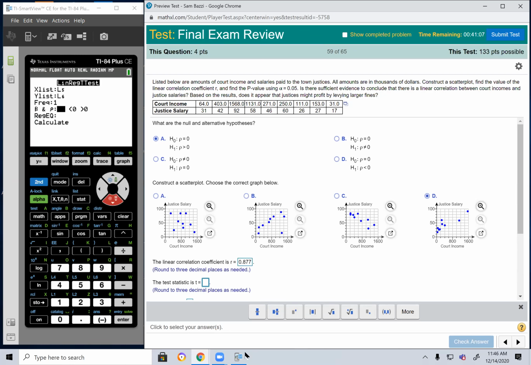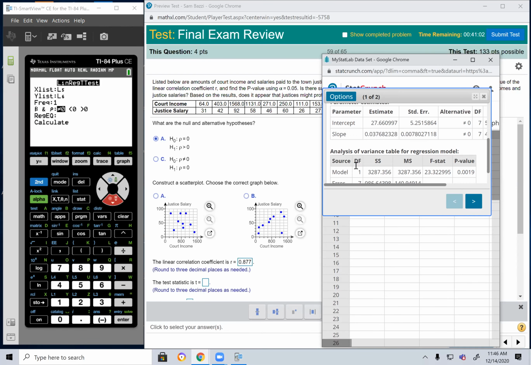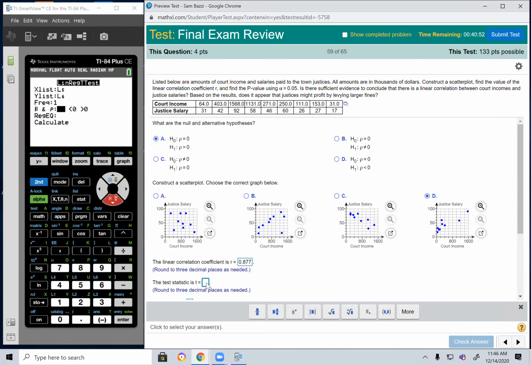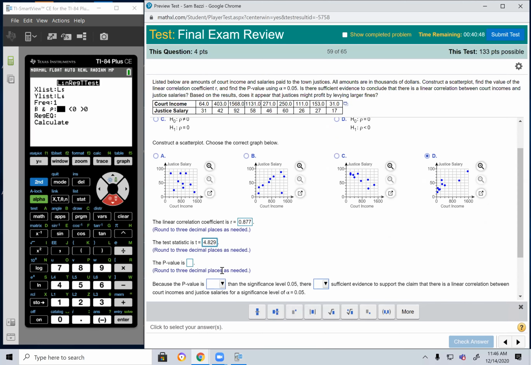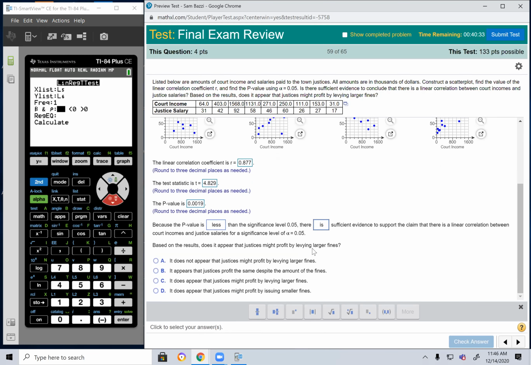The test statistic T, the slope, 4.829. You should get the same thing if you use your calculator, but it's faster. And the p-value is 0.0019, I believe. Because the p-value is less than alpha, there is sufficient evidence to support the claim that there is linear correlation between the two.